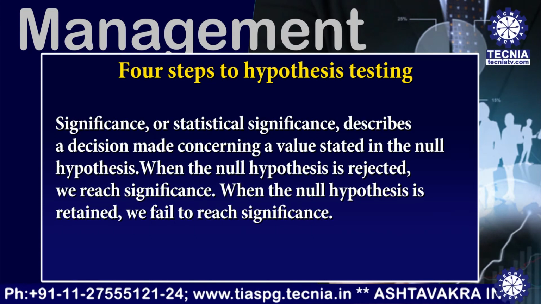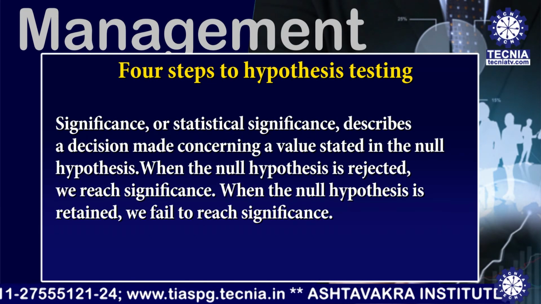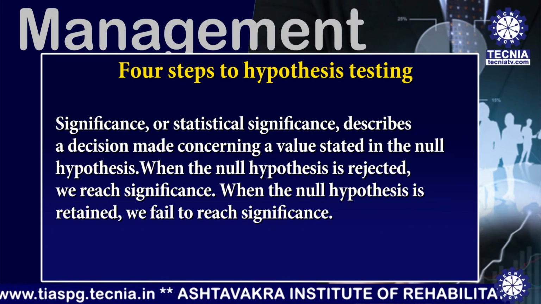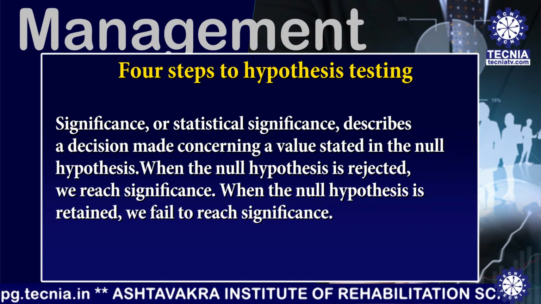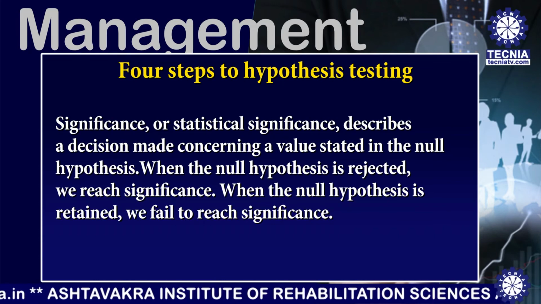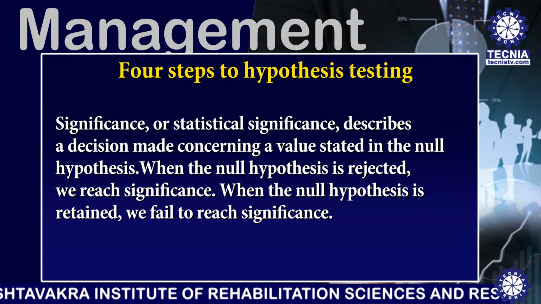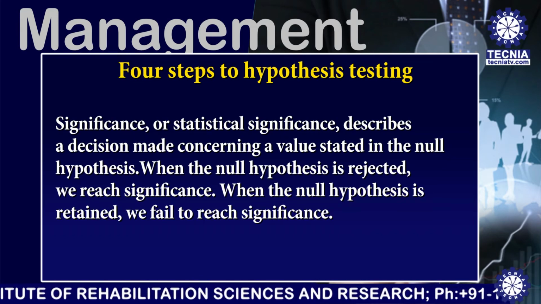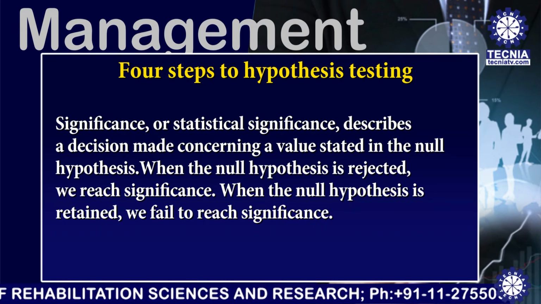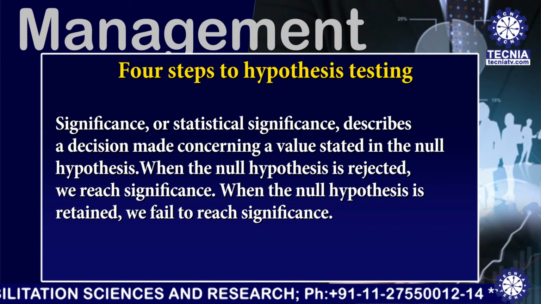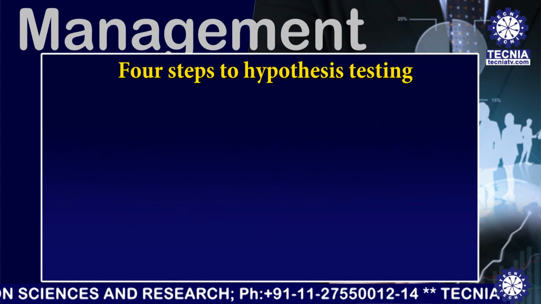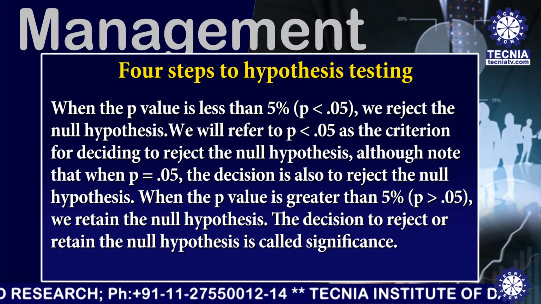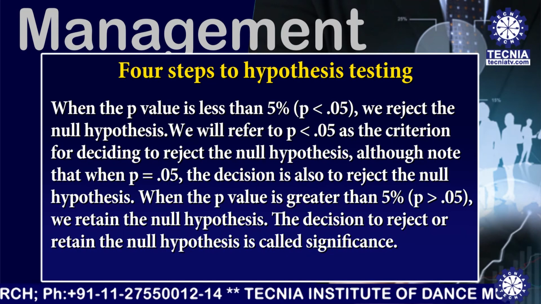Now, I am explaining significance, or statistical significance. It describes a decision made concerning a value stated in the null hypothesis. When the null hypothesis is rejected, we reach significance. When the null hypothesis is retained, we fail to reach significance. When the p-value is less than 5%, we reject the null hypothesis.